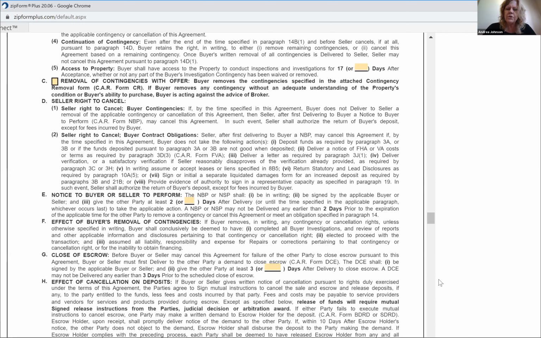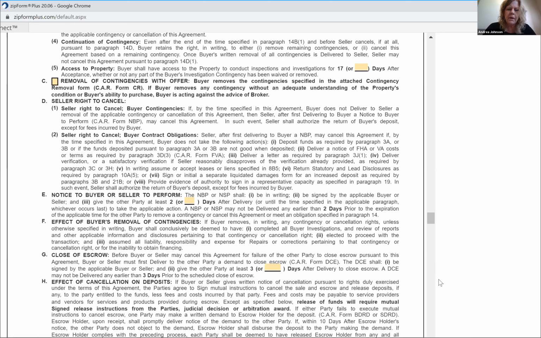So once buyer's written removal of all contingencies is delivered to seller, seller may not cancel this agreement pursuant to 14D. So what this means then is the contingency runs even after the expiration of the time frame until it is removed in writing by buyer. Seller does have some remedies we're getting to, but if the buyer is dilly-dallying around about getting contingencies removed, there are actions the seller can take to force that or cancel themselves if seller is inclined to do that.